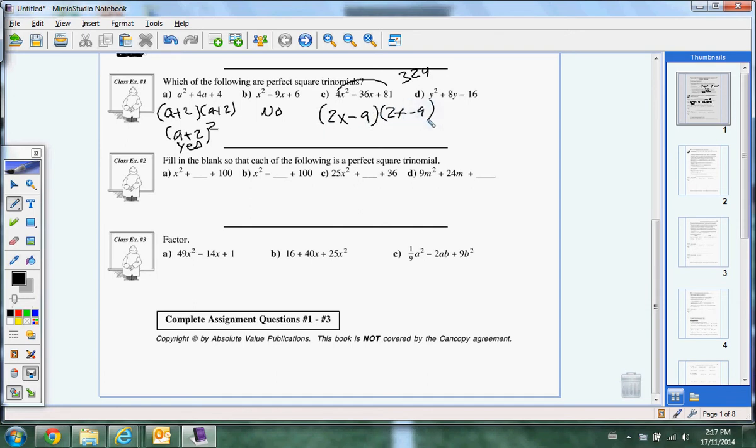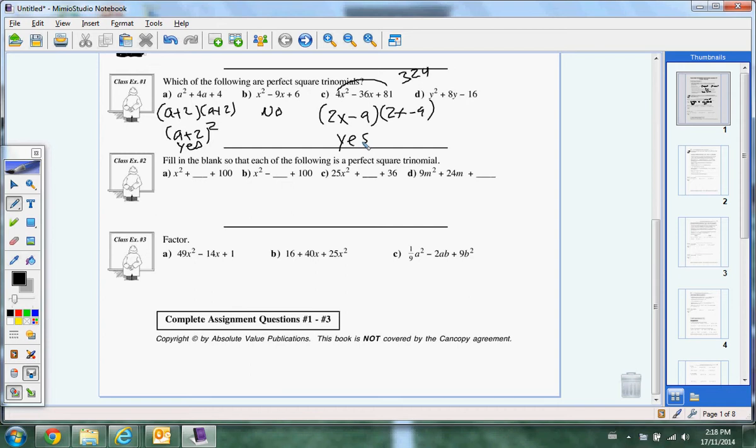What's 2x times negative 9? Negative 18x. What's negative 18 times 2? Negative 36. So does this work? Yes. That way I just use the pattern, right? Save yourself some time. And the last one there, no.